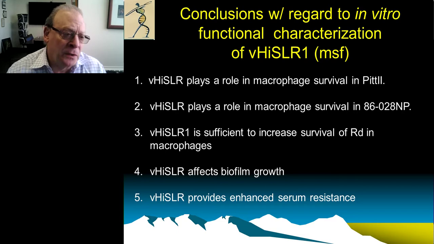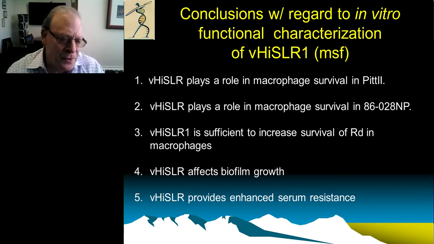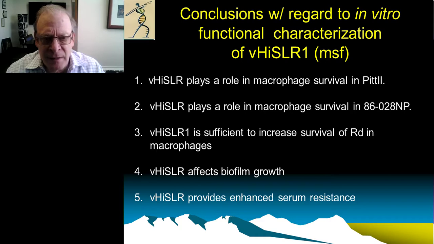So we can conclude that the VHISLR plays a role in macrophage survival in multiple strains, as well as affecting its ability to grow as a biofilm. And we also showed it provides enhanced serum resistance. So we've now named this protein the macrophage survival factor.